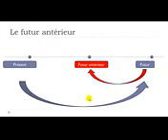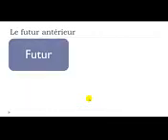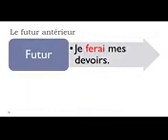Alright, so if it's not clear so far, let's see one example. At the future form, so if we want to use faire, is to do, je ferai mes devoirs. Mes devoirs, my homework. Okay? So this is the sentence at the future form. Je ferai mes devoirs. Okay?